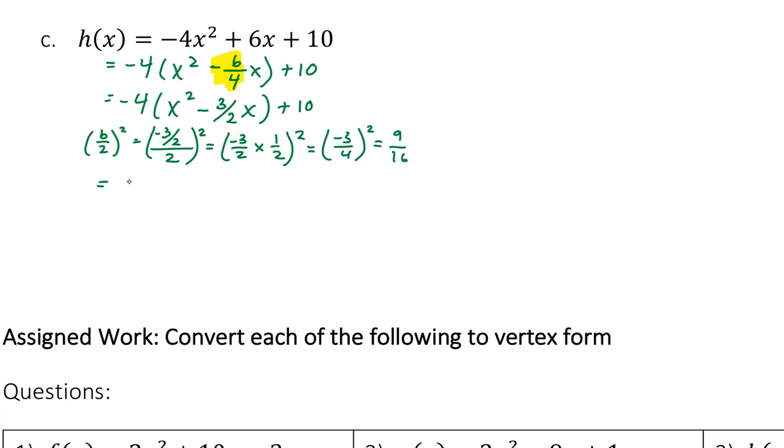Okay, what we want to do is simply take that value, we're going to add it and subtract it in the brackets as such, and then we're going to just use distributive property to take that out of the brackets.